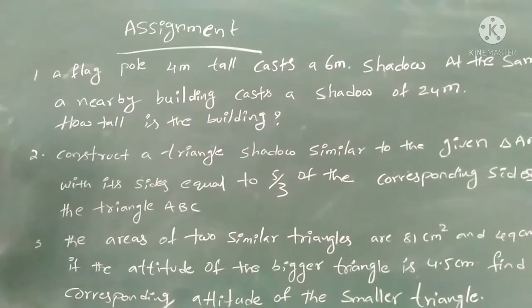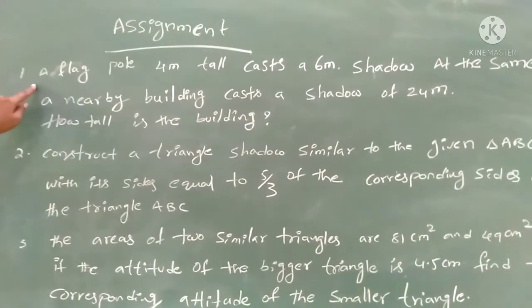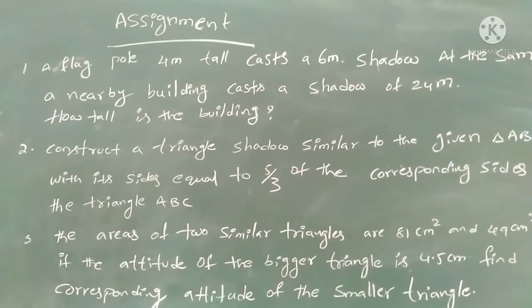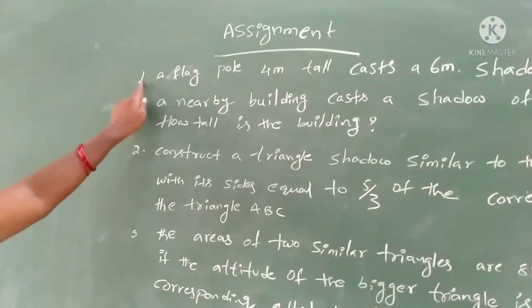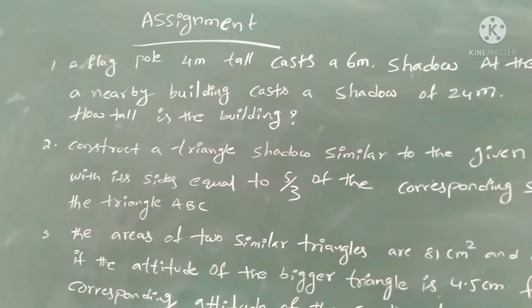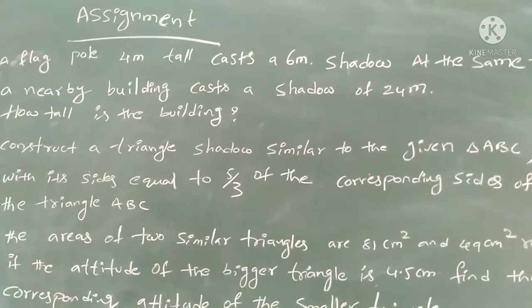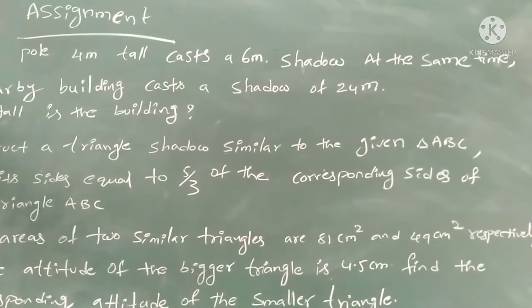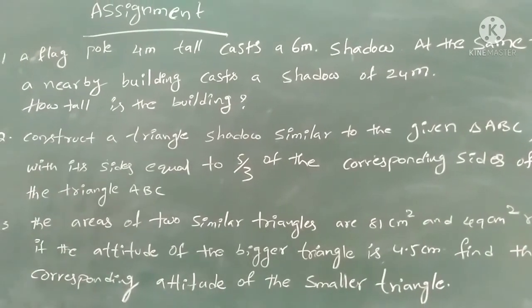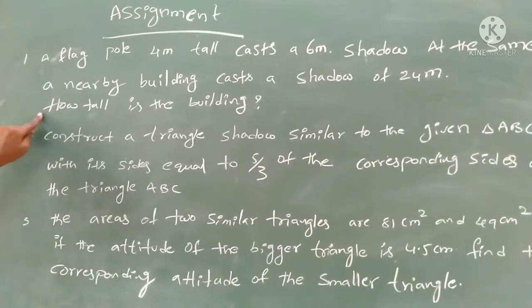Assignment. First question: a flag pole 4 meters tall casts a 6 meter shadow. At the same time, a nearby building casts a shadow of 24 meters. How tall is the building?